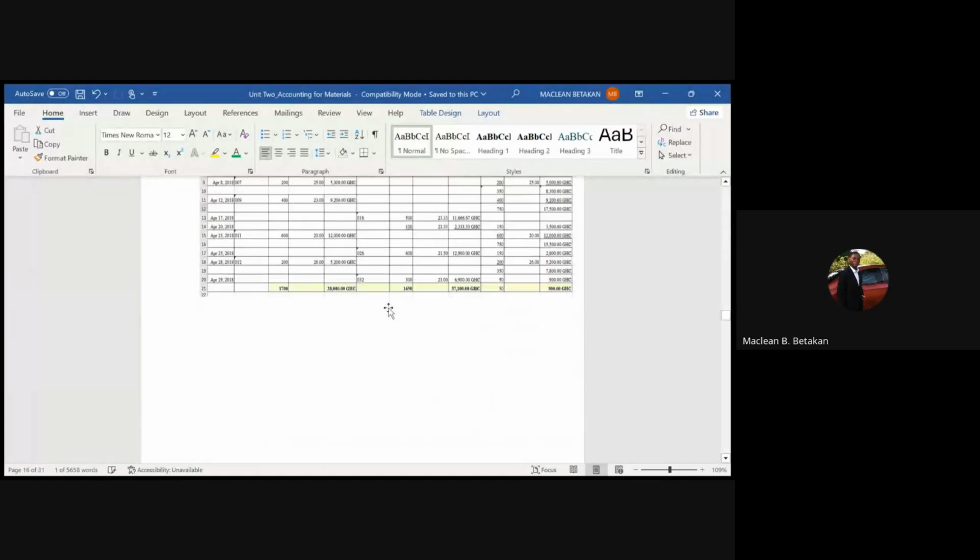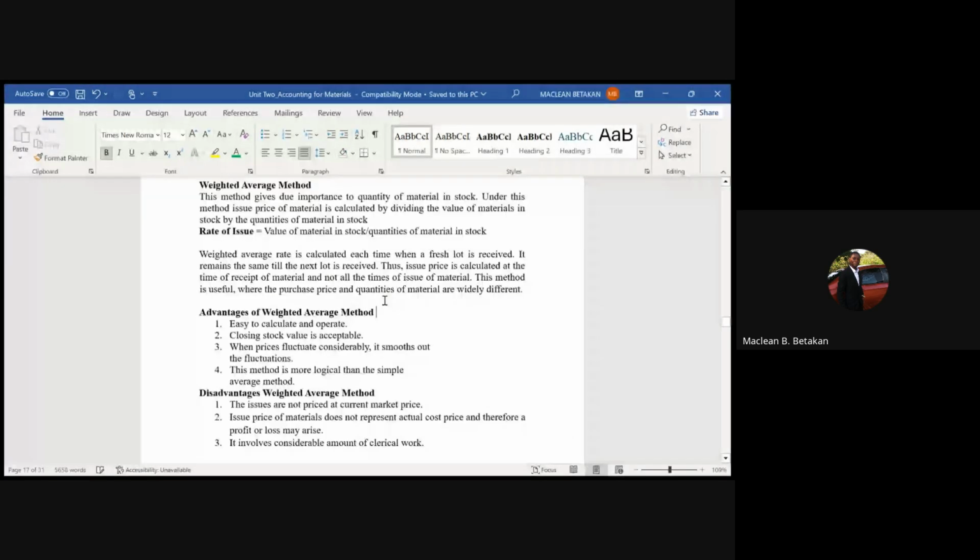Now, for the weighted average, here we are interested in two things: the quantity and the value. Unlike simple average, where we were interested in only the price, right?